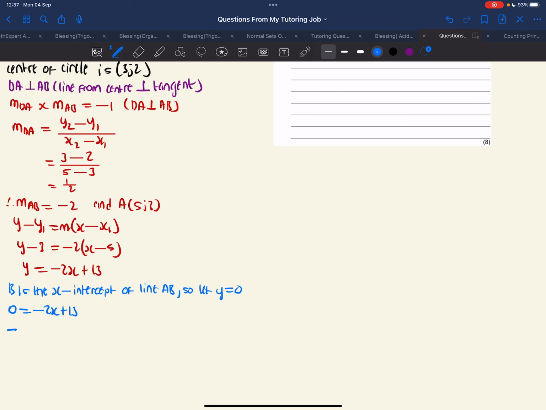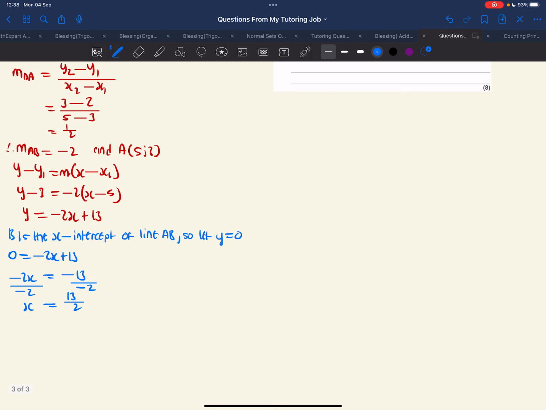You take the 13 to the other side, so it becomes minus 2x equals minus 13. And I'm going to divide both sides by minus 2. Therefore x is going to be 13 over 2. So that means the coordinates of B are 13 over 2, 0.